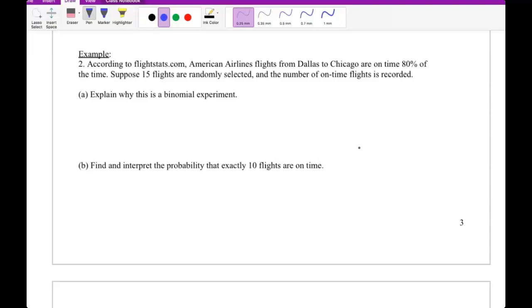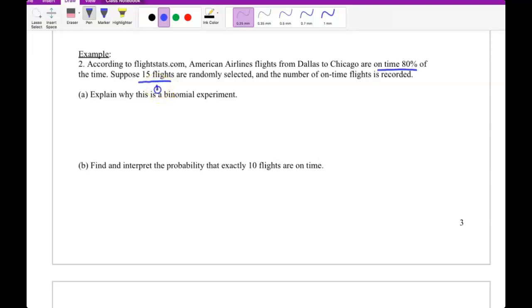Okay, on this part, according to flight stats, American Airlines flights from Dallas to Chicago are on time 80% of the time. This on time is the probability of success, so it's 80%. And suppose we have 15 flights.